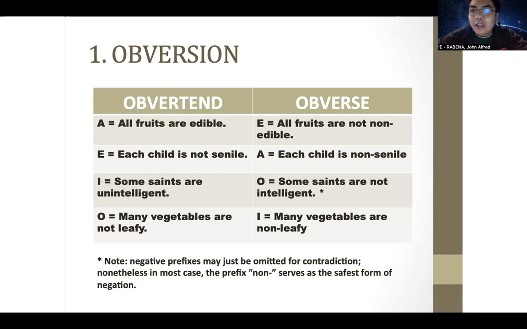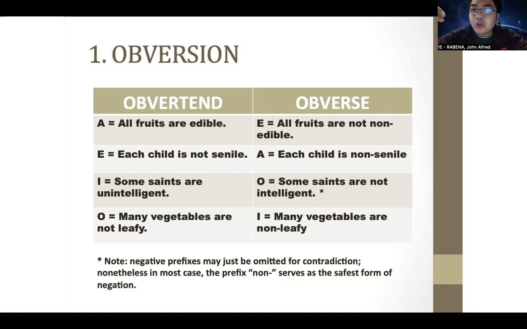And then second step, we contradict the predicate. The predicate here is unintelligent, right? So how do you contradict that? Take note, guys, that unintelligent here is already in the form of non-intelligent. It is already negating the word intelligent.